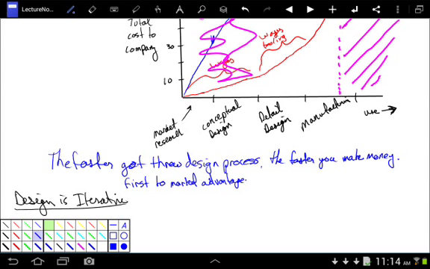A good example of this is if you look at high-end sports equipment, right? Well, in bikes, for example, the first person who put out a carbon fiber race bike was able to charge a huge premium and make a ton of money on every single bike, right? And they became associated for a long time with carbon fiber bikes.